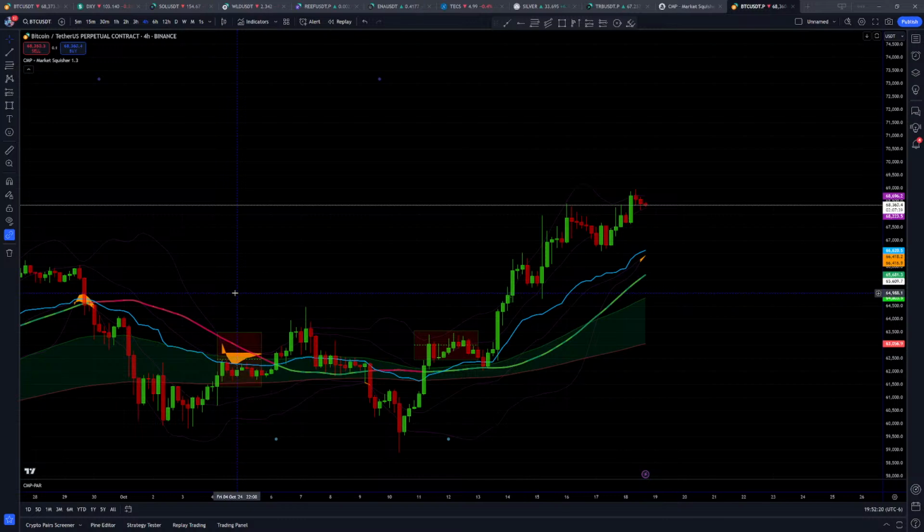That's another thing that I wanted to mention. In the squeeze settings, there are a few hidden Easter eggs that you can play with, and one of them is the silver bullet times for market trading.